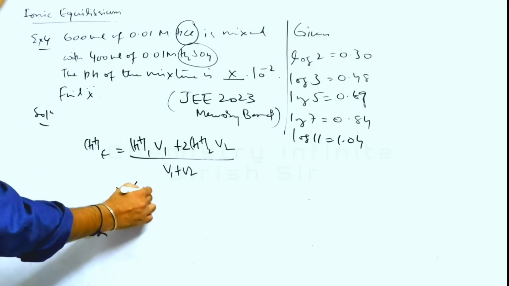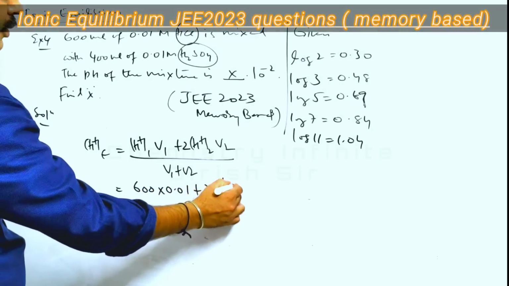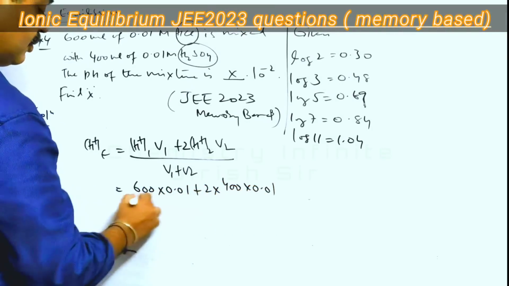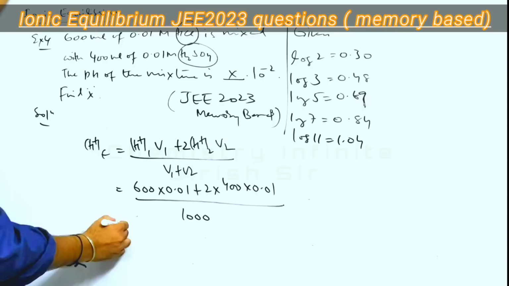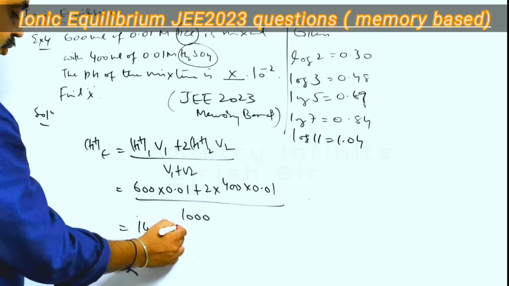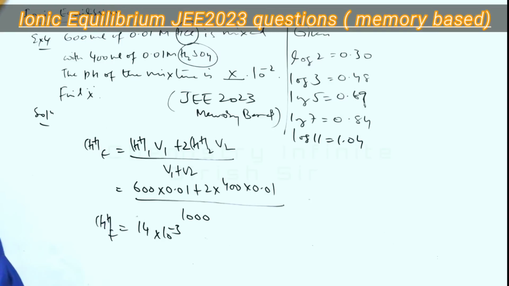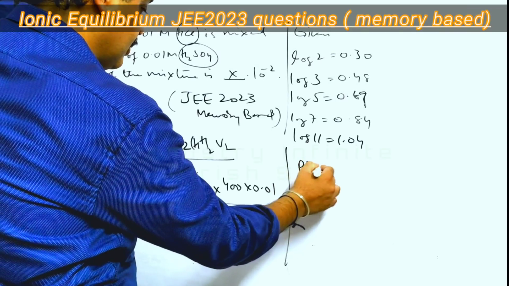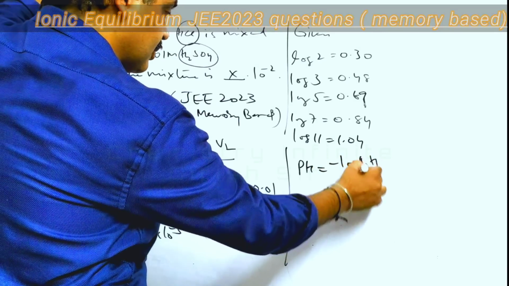Let's put in the values. This should be 14 into 10 raised to minus 3. This is H plus final. Now the pH of the solution would be minus log H plus.